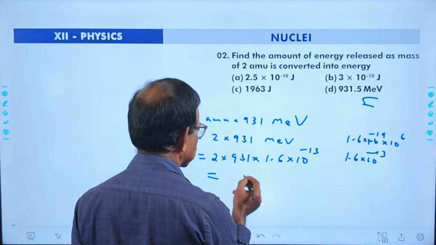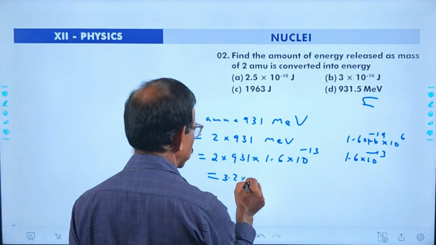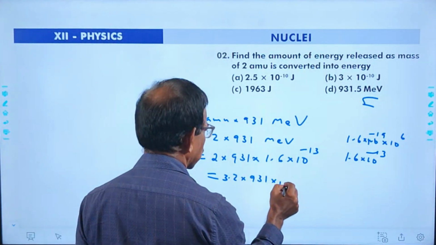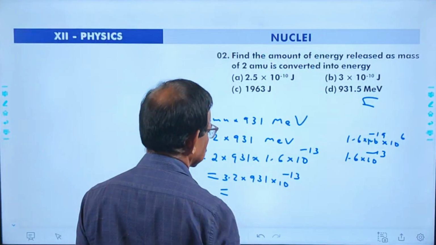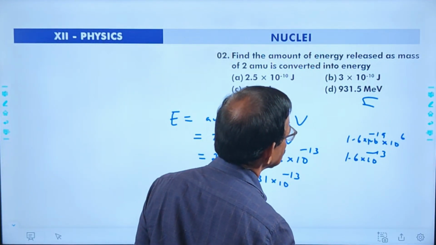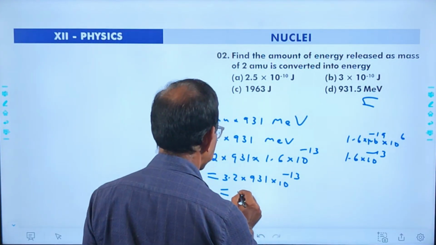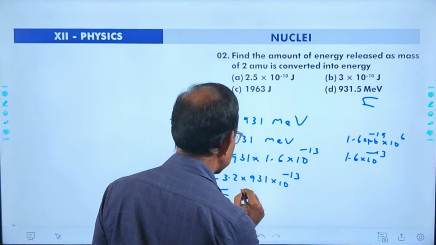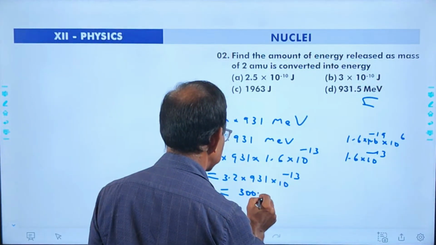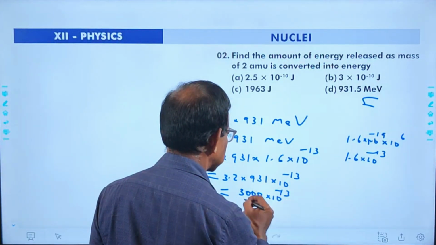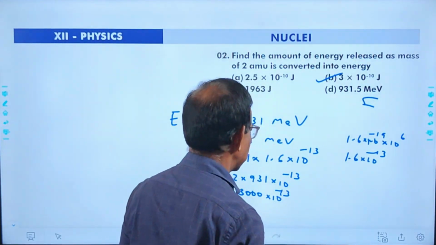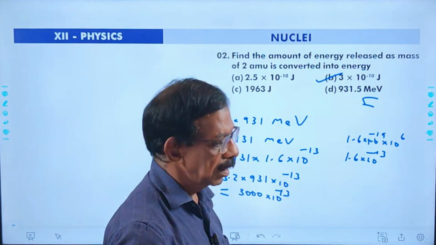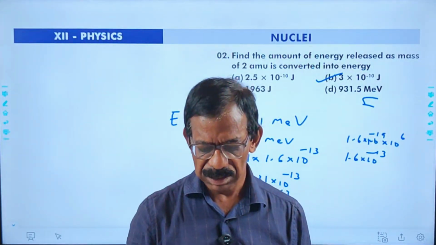On multiplication, we get 3.2 into 931 into 10 raised to minus 13, nearly 3000 into 10 power minus 13, that means 3 into 10 raised to minus 10 joule. The answer is option B, 3 into 10 raised to minus 10 joule.